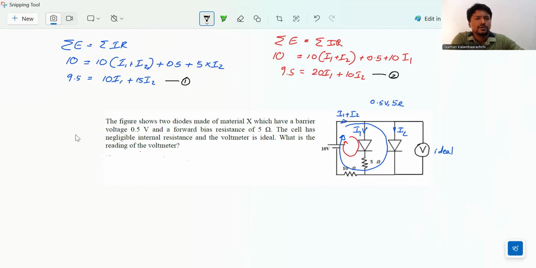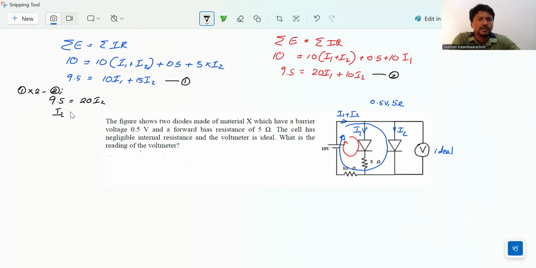So what I'm going to do, I'm going to multiply the first equation by 2, and I'm going to deduct the second equation from it. So when I multiply the first equation by 2, I get 9.5 into 2 minus 9.5, so it's 9.5. 20 I1 minus 20 I1 is 0. 30 I2 minus 10 I2, that's 20 I2.